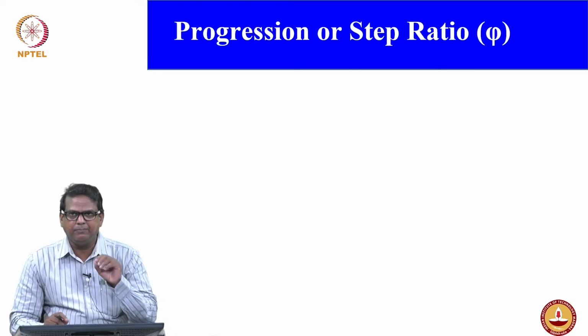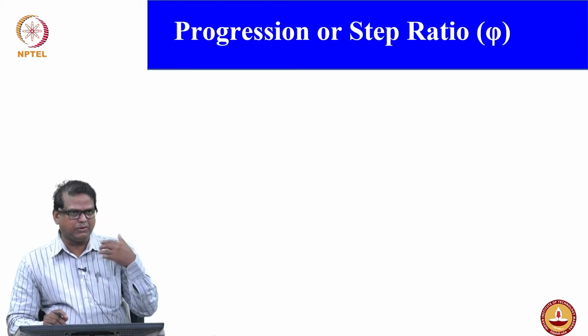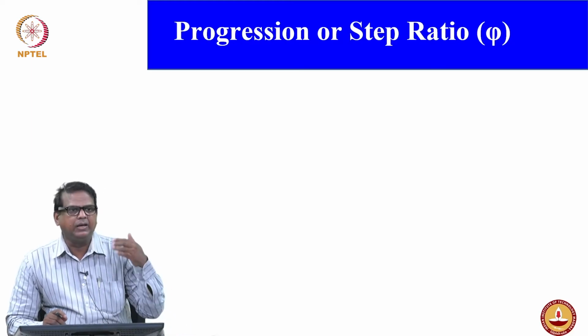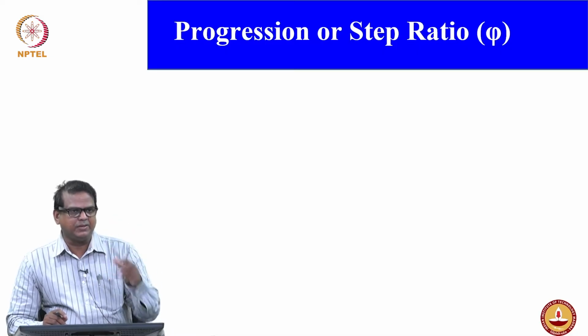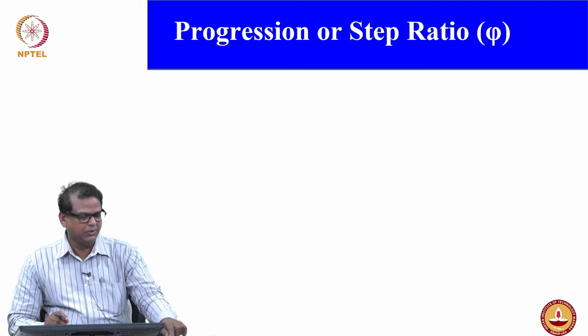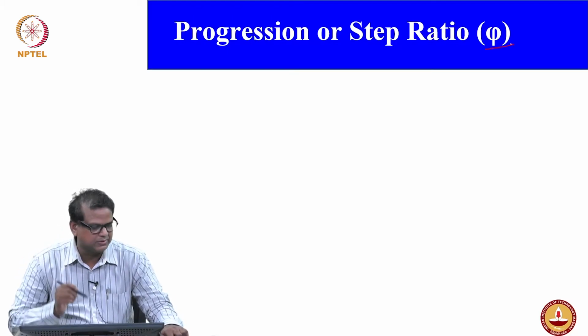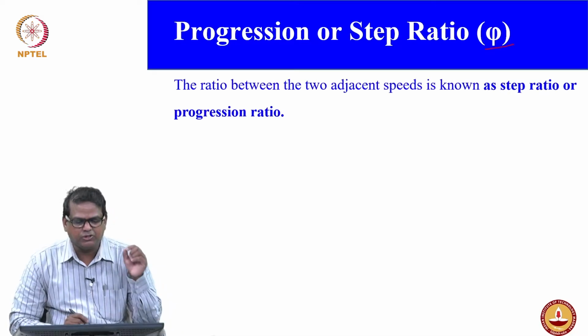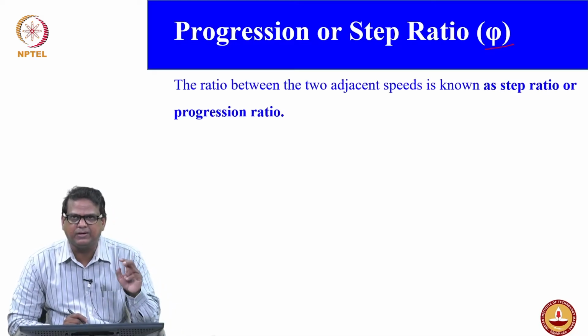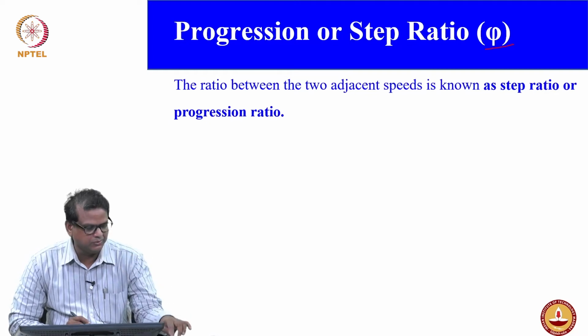A very important thing is the step ratio. The ratio between two adjacent speeds gives the step ratio, which is normally denoted by the symbol psi. The ratio between two adjacent speeds is known as the step ratio or progression ratio.